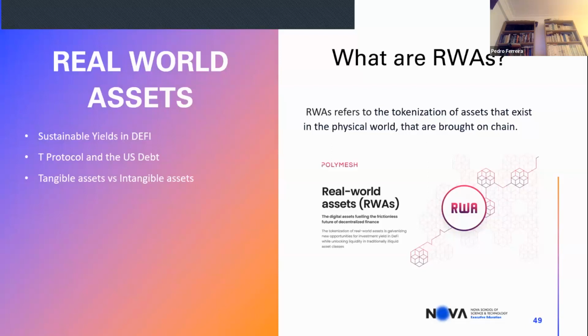You can tokenize that artwork on the blockchain and say, I want to borrow funds against my tokenized artwork. And if I don't pay, the lender is going to receive the tokens that represent the ownership of that artwork. So you are tokenizing value on chain that is backed by real-world assets which exist in the physical world, and that way you can put more value into the blockchain.